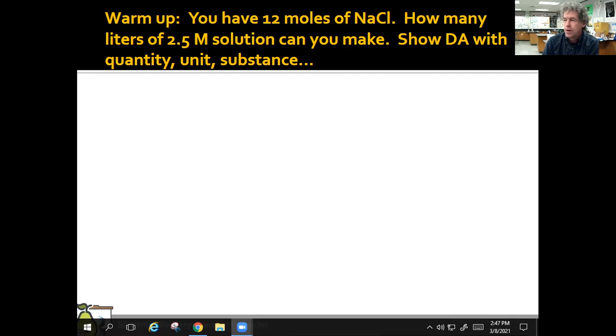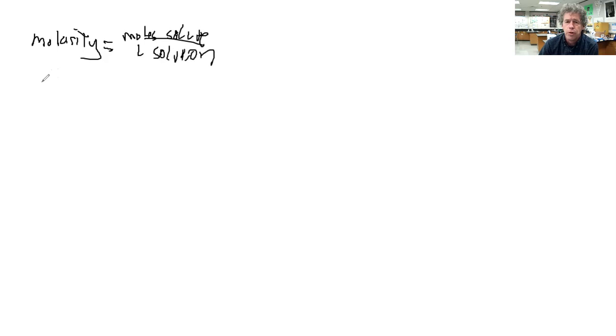In terms of the four-step process, we have molarity equals moles of solute per liter of solution. Well, moles of solute, there's 12.